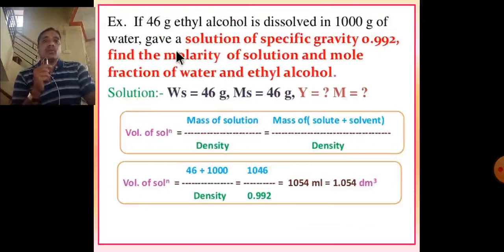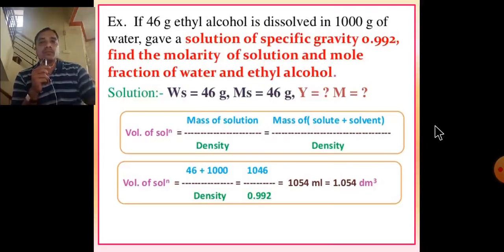Next example. 46 gram ethyl alcohol is dissolved in 1000 gram of water to give a solution of specific gravity 0.992. Find the molarity of the solution and the mole fraction of the water and ethyl alcohol. Weight of the substance is 46 gram, molecular weight of the substance is 46 gram. Then calculate the volume of solution.